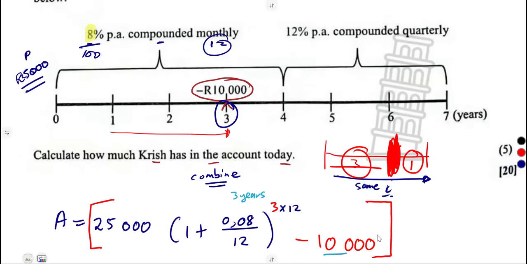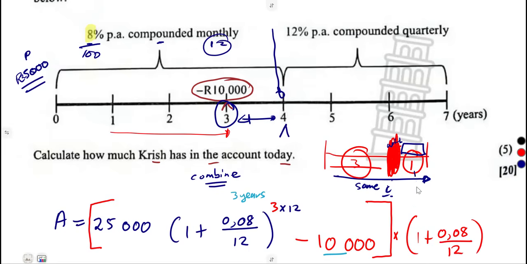So what is left has to be affected by compounding for that 1 year, a 1-year period after the withdrawal, to cover the 4 years that are under an interest of 8%. So it is going to be 1 plus 0.08 over 12. Remember, this one is for 1 year, so the exponent is 1 times the compounding of 12.